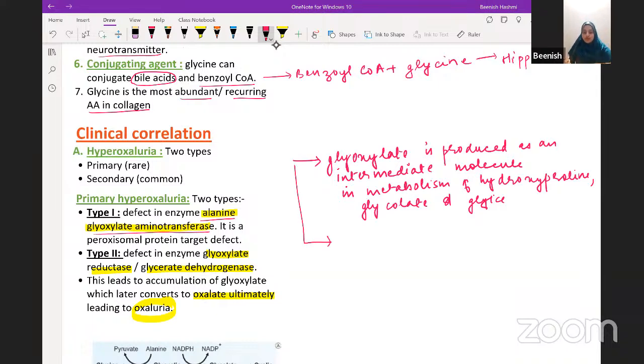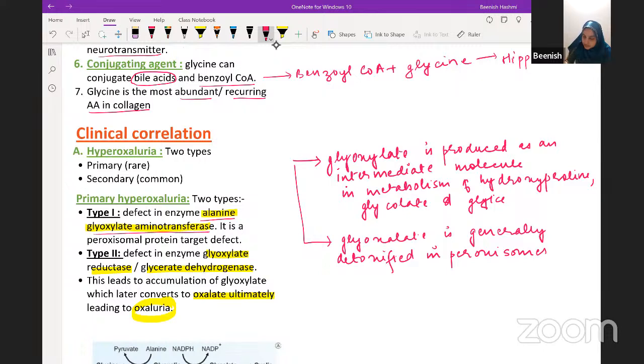Now, what is usually happening is that this glyoxylate that is produced is generally detoxified in the peroxisomes of hepatocytes by your alanine glyoxylate aminotransferase.